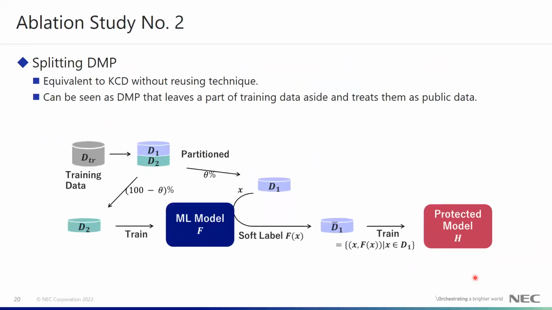Second scheme, splitting DMP. Split the training data with a given ratio. Train a teacher model by using one part. Then train a student model by another part. This is equivalent to KCD without the reusing technique and can be seen as DMP that leaves a part of the training data aside and treats them as public data.